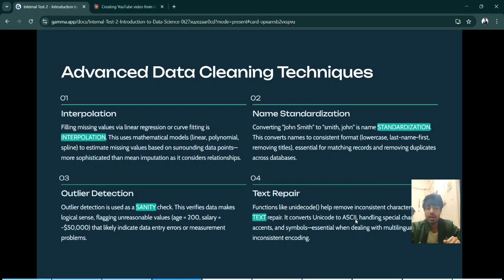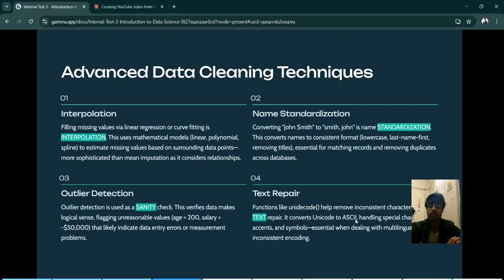So question number eight: converting John Smith to Smith, John is an example of name blank. The answer is standardization, or normalization or formatting. Name standardization means putting names in a consistent format, usually lowercase, last name first, removing titles like doctor or mister.